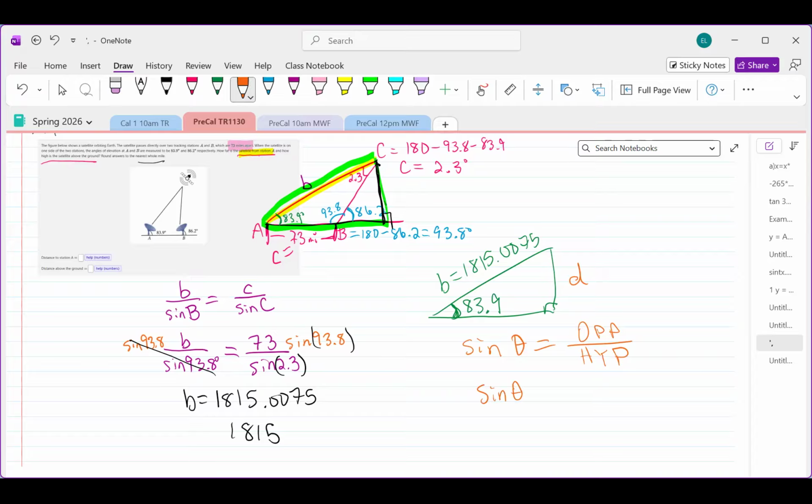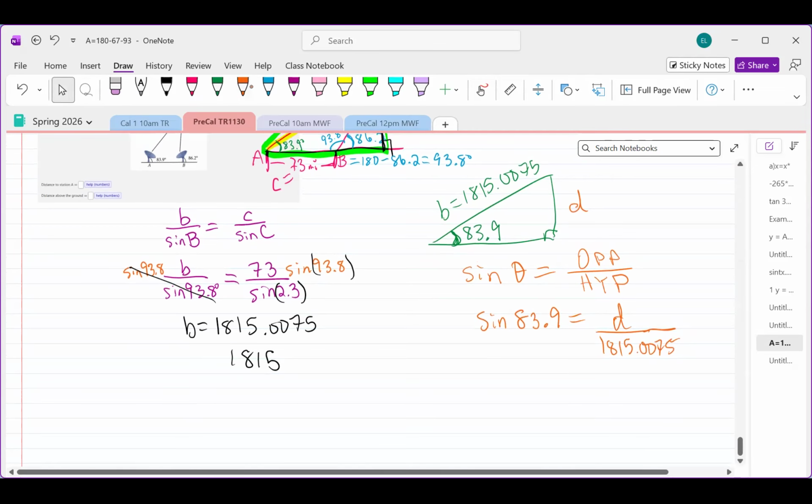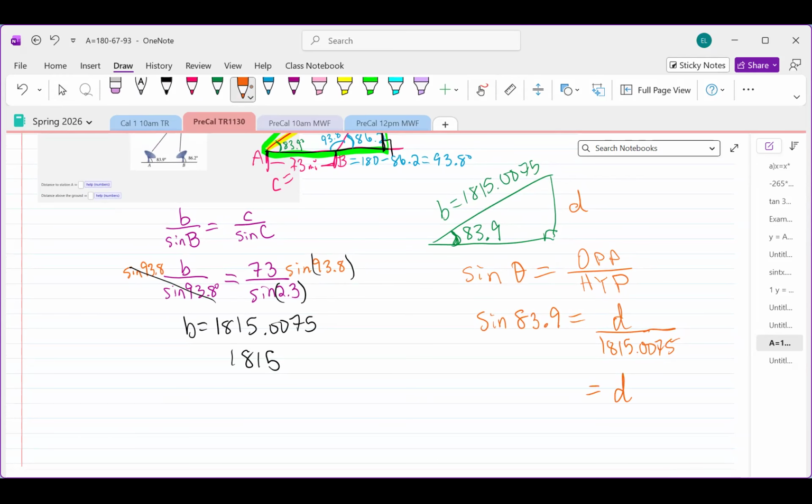Our angle is 83.9, our opposite side is the length D that we're solving for, and the hypotenuse is that ridiculous 1815 and so on.